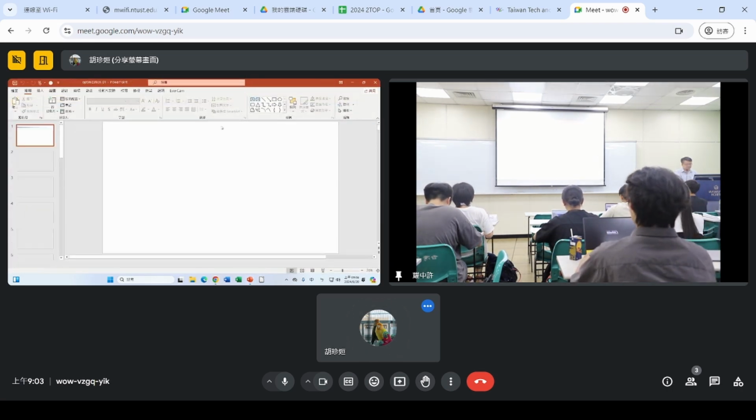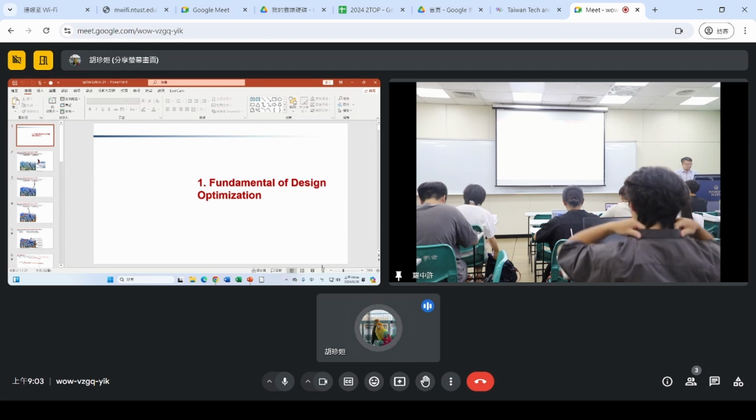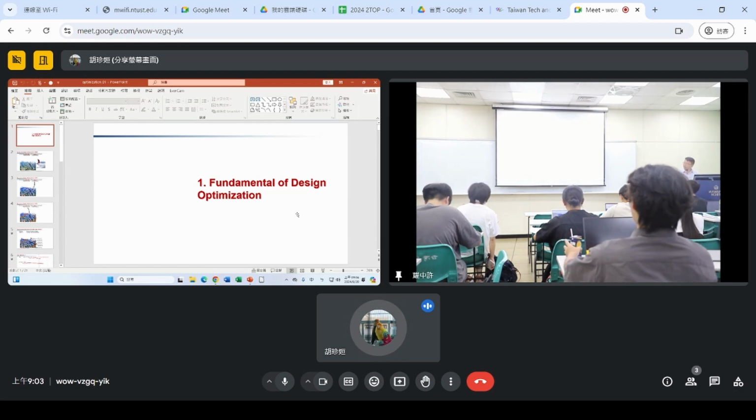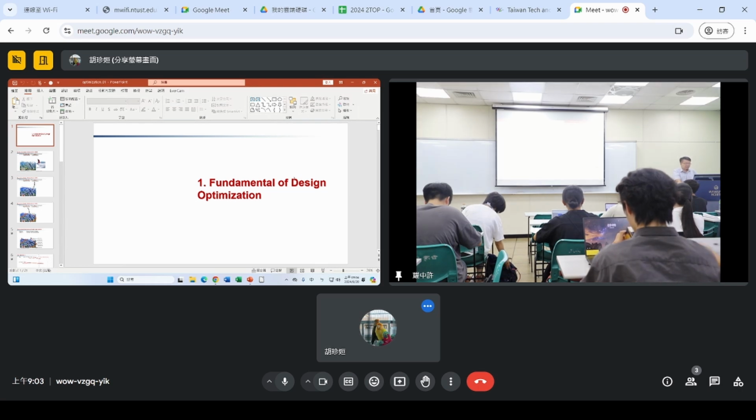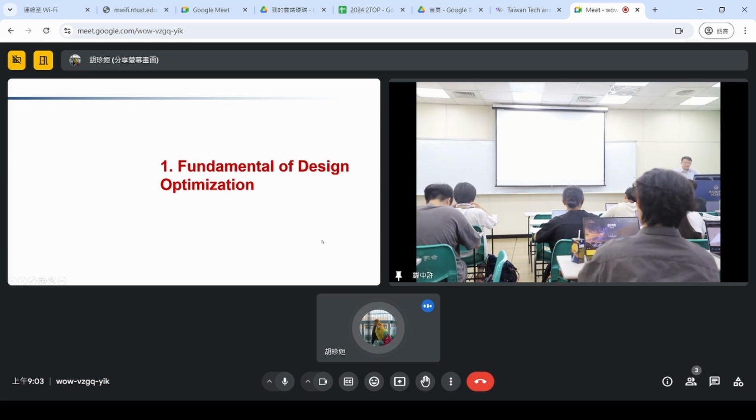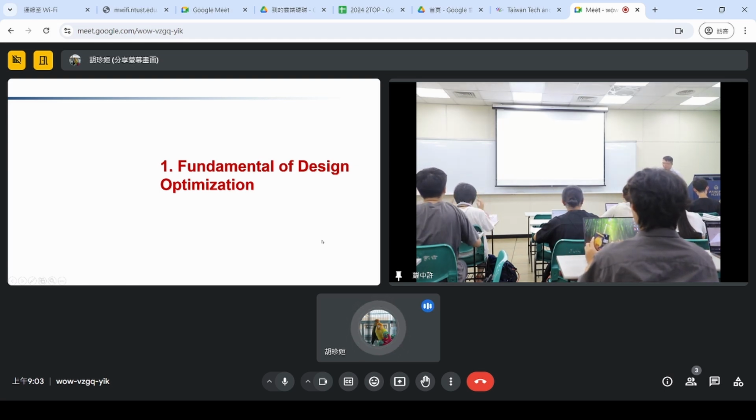Okay. So I want to talk about something called design optimization. Usually, optimization is done at the end. Let me take the design of this table as an example. Let's say I'm the engineer who designed this table.